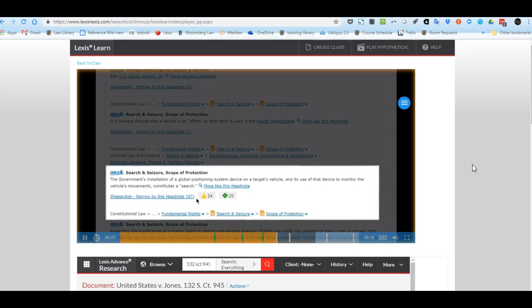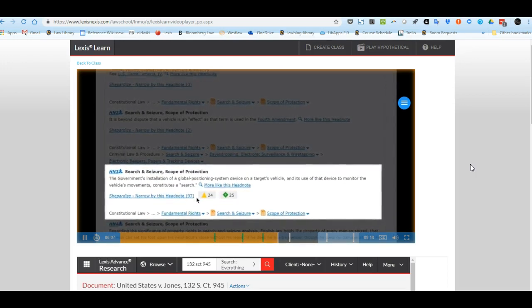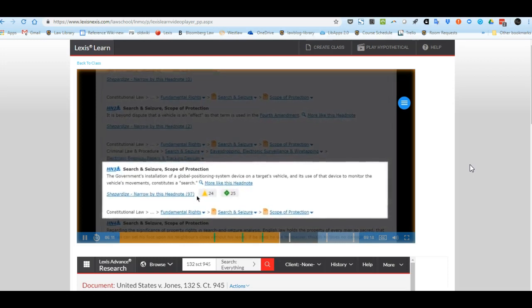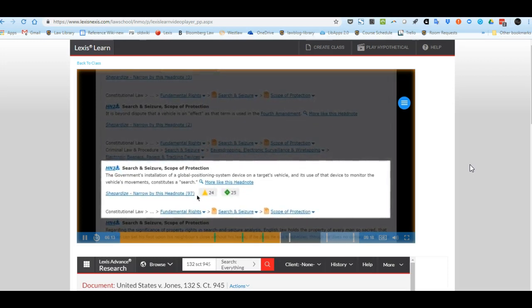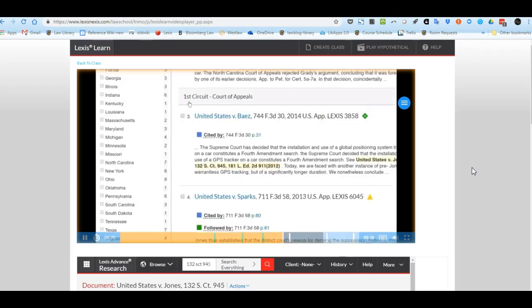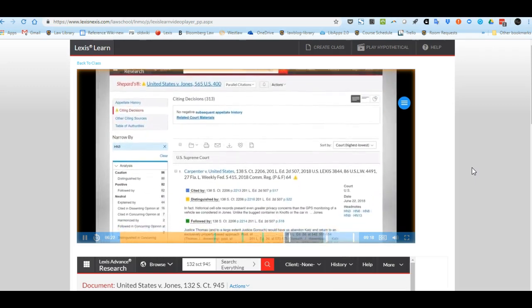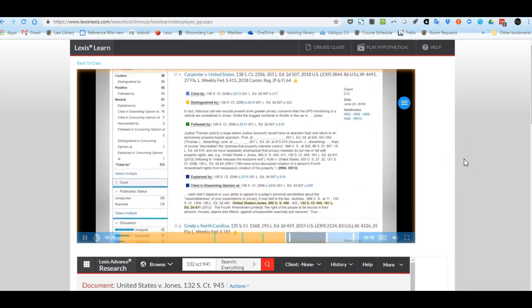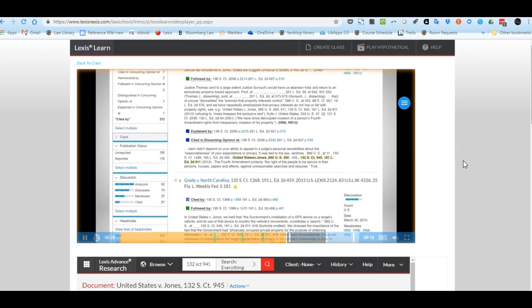You see that the point of law in headnote number 3 states that installation of a GPS device constitutes a search. To quickly find more cases addressing this issue, click on the Shepherdized Narrow by this headnote link. Now you are viewing a list of all cases that cite U.S. v. Jones in reference to the point of law stated in headnote number 3.